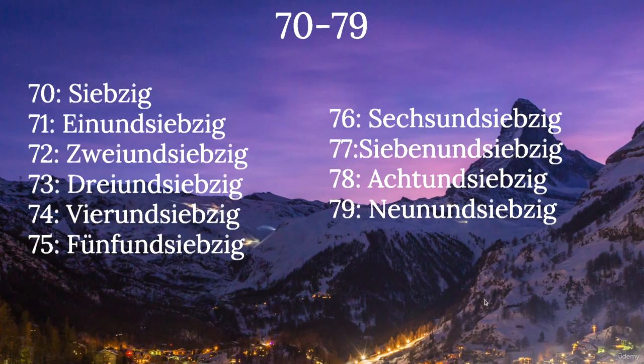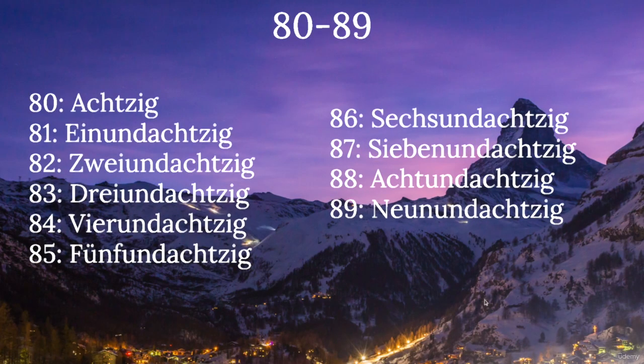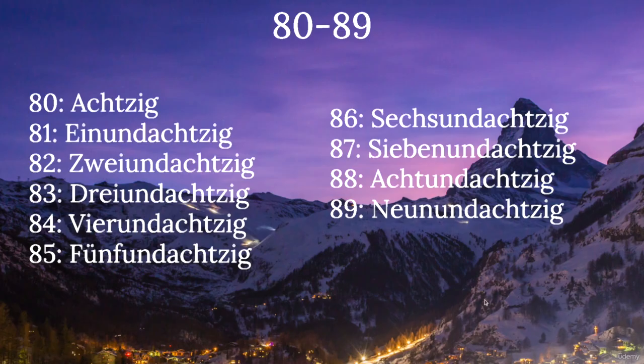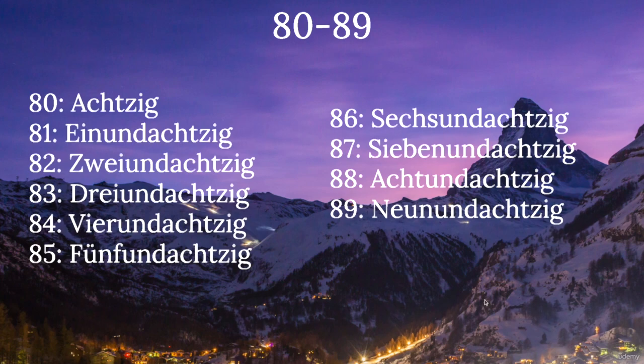In a way, it does make sense because it's easier to pronounce. 70. 80 would be 80. 81, 82, 83, 84, 85, 86, 87, 88, 89.